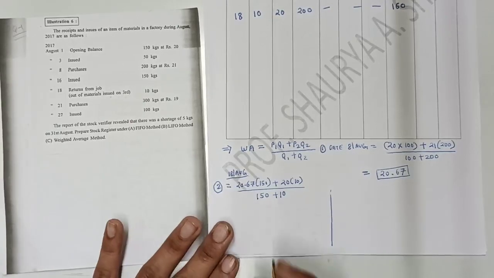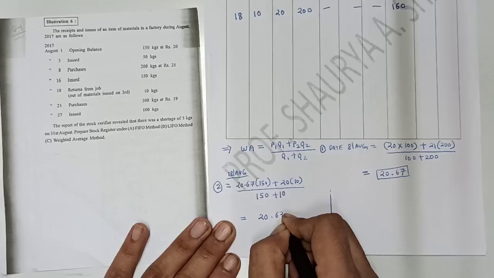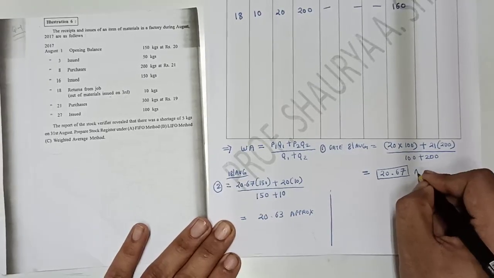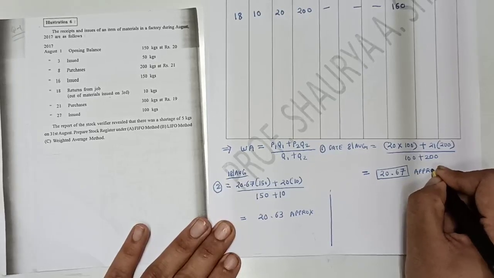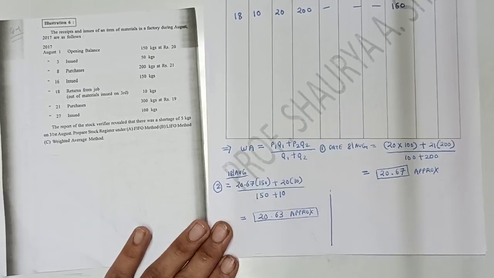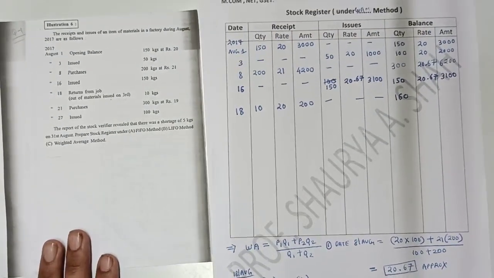So what will be my price for that? It will be 20.63 approx I am writing, right? Here also it will be approx only because we are approximately rounding off the amount for our convenience of accounts, right? So 20.63 is the price which you have got.